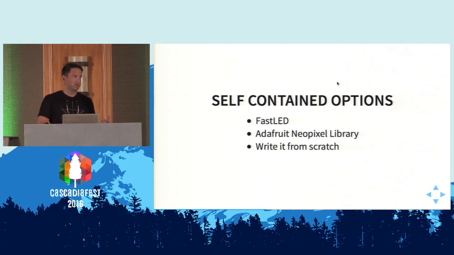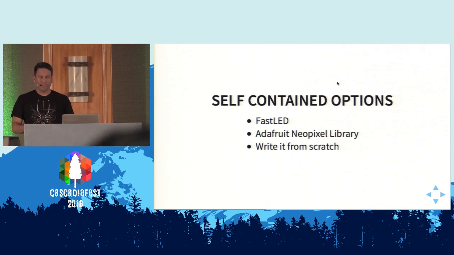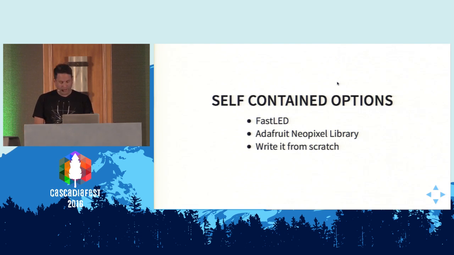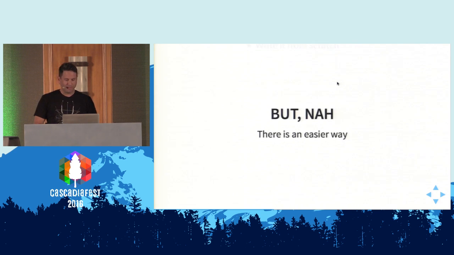It supports both the NeoPixel and the dot star, but it's a little bit beginner unfriendly. The Adafruit NeoPixel library is actually much more user-friendly, and so it's very straightforward and easy to learn. The last option is you could actually write it from scratch, but I don't recommend doing that. You're going to pull your hair out because it's not fun.